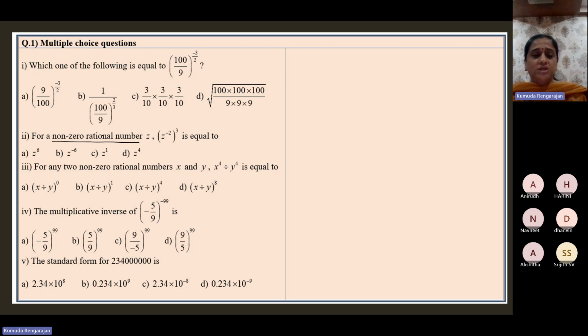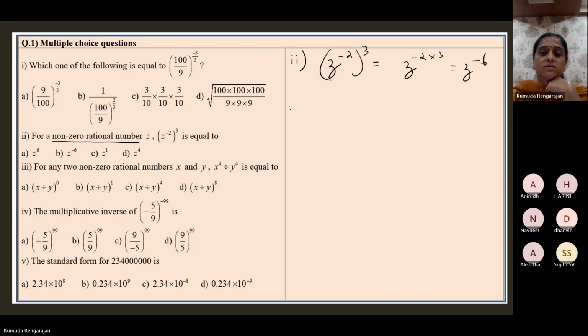For a non-zero rational number Z, Z to the power minus 2, the whole power 3 is equal to, yes, Navneet? Ma'am, Z raised to the power minus 6. Correct. Z to the power minus 2, the whole cubed is equal to Z to the power, multiply the powers, minus 2 into 3. So Z to the power minus 6. Very good.